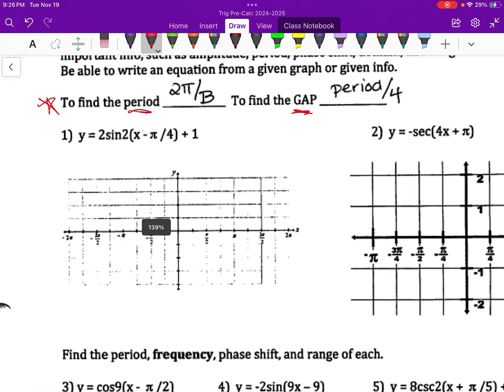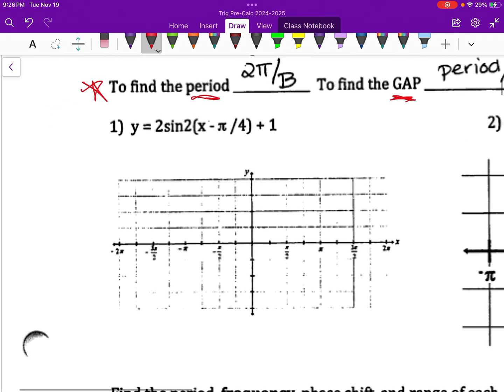And you should be able to take a picture like, say, this following one right here, say 2 sine of 2. Notice that the 2 is outside. This is a good place for it because it actually indicates where the actual phase shift is going to end up being, as well as the vertical shift back here in the back. So you should be able to, just like we've done on all of our individual quizzes, find the amplitude, the period, which is 2 pi divided by 2 in this case, or pi.